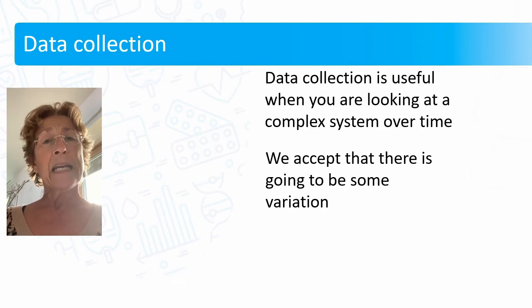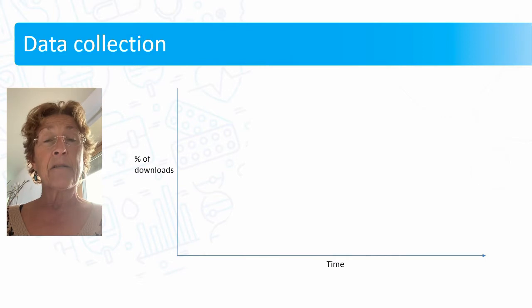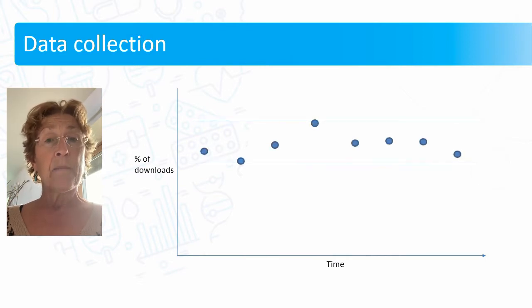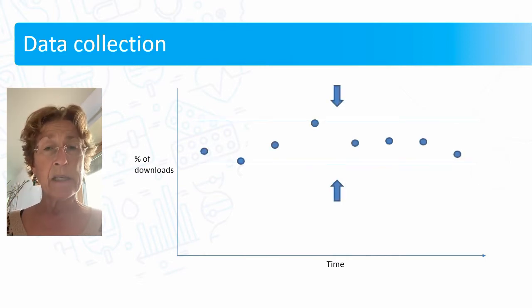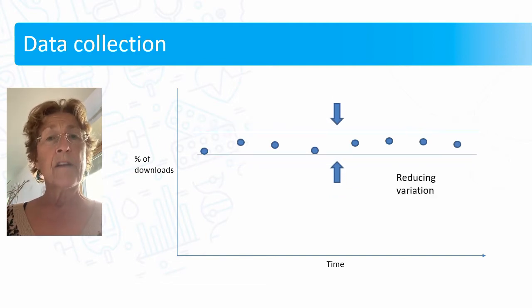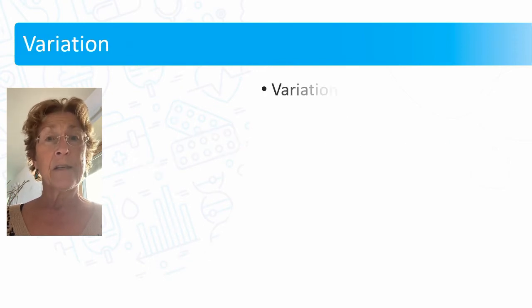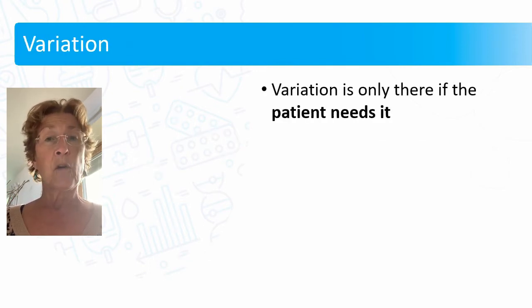So in analytical statistical terms, we accept that there is going to be some variation. But what we're trying to do is minimize it as much as we can. And we're also trying to make sure that the variation is only there if the patient needs it. It's not there because we've overlooked to do something.